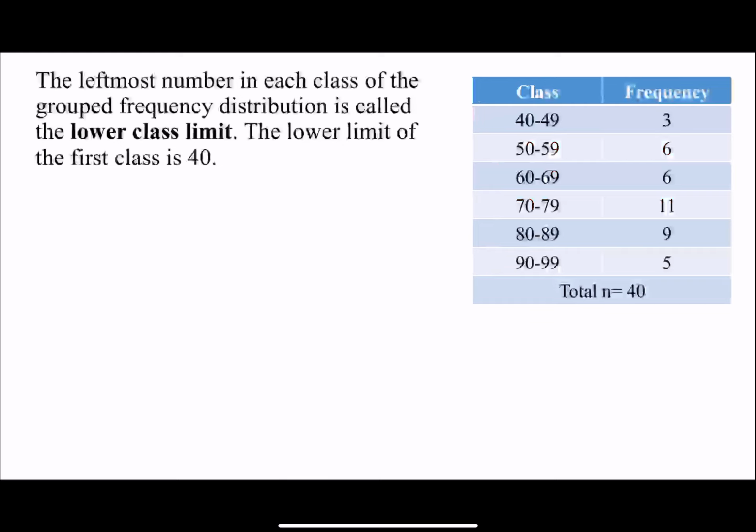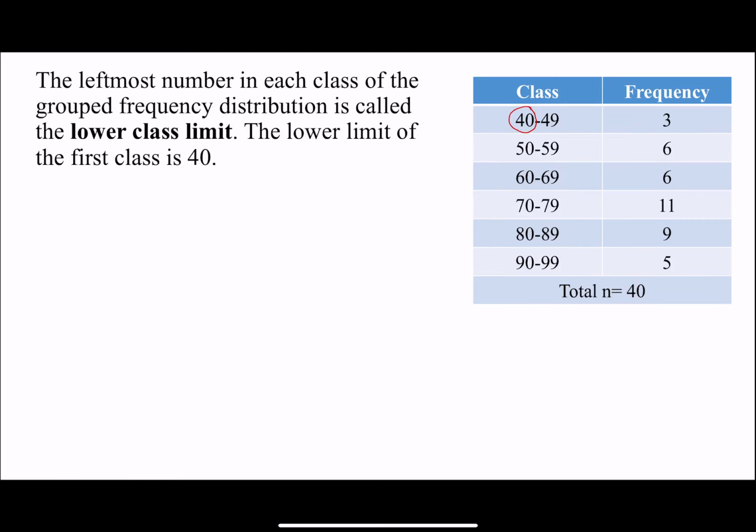Well, we have some definitions. One is lower class limit. When you look at the classes that we have, the leftmost number in each class of the group frequency is called the lower class limit. Okay, for example, if I look at the class of 40 to 49, the leftmost number is 40.